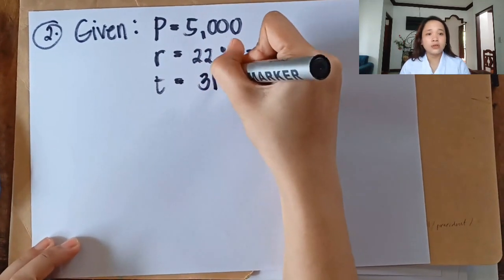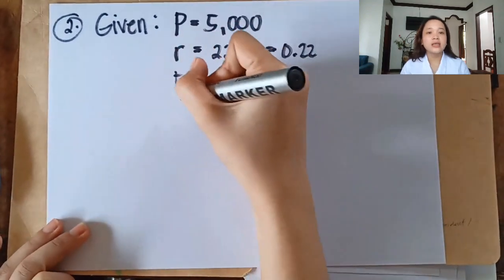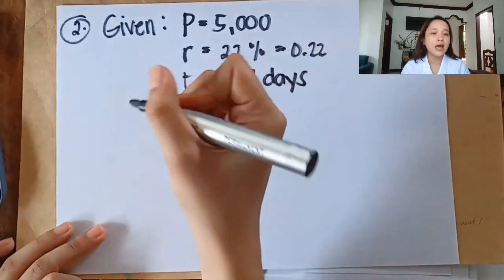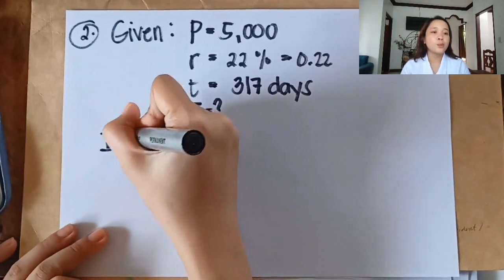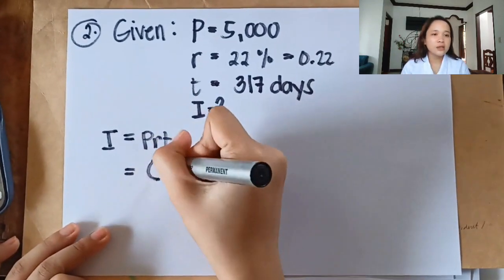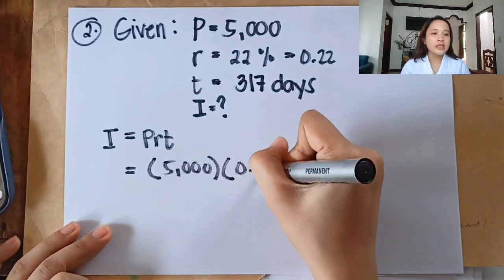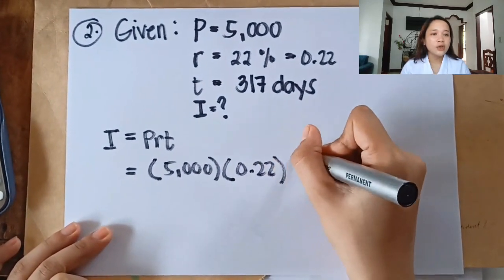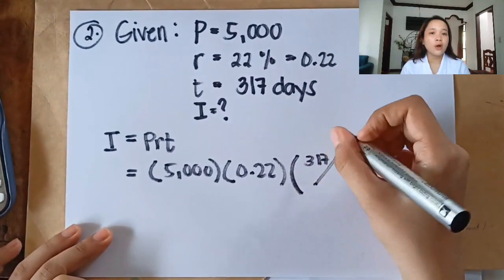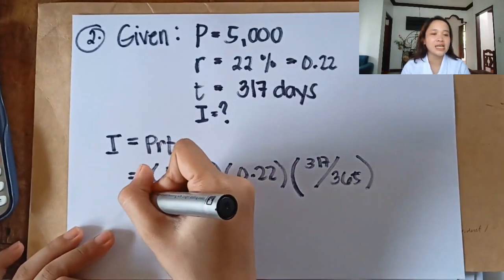And now, we are going to find the exact interest. To solve for the exact interest, we use the same formula as for problem 1. So we have P equal to 5,000, times our rate of interest, 0.22, and times our time, which is 317 days over 365, because we are talking about exact simple interest, so we use 365 days in a year.